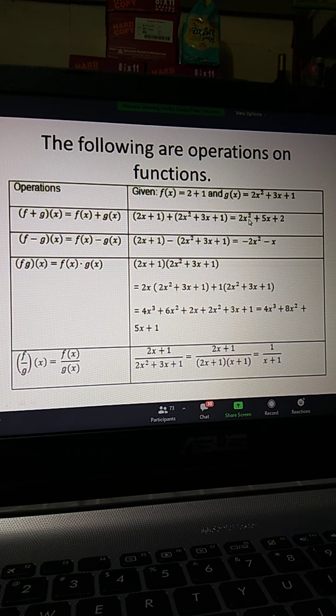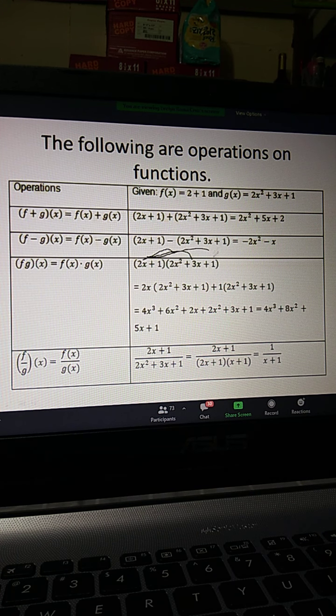You have to arrange the polynomial according to their degree. So in subtraction, again, f of x minus the g of x. The same thing, so subtract, the answer is negative 2x squared minus x. So I guess you know this one, multiplication, we have the distributive property to distribute, right?